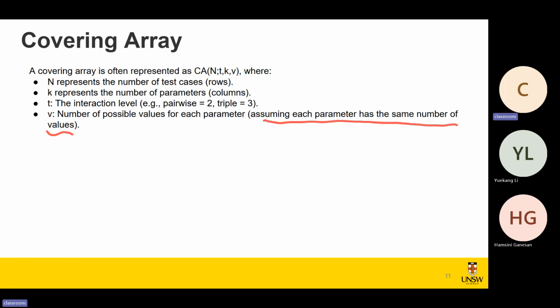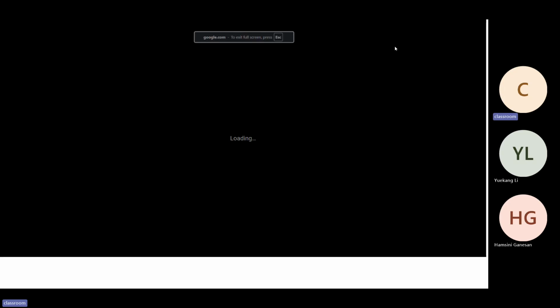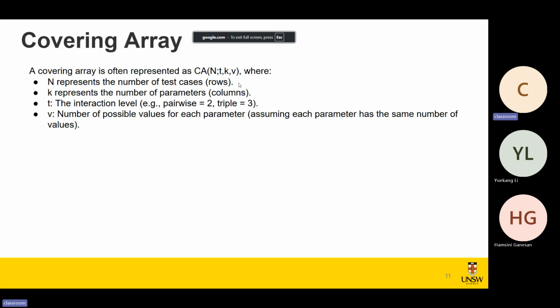Let's assume that each parameter has the same number of values, which is often not the case in reality, but this simplifies the problem. So let's assume that each parameter has the same number of possible values.